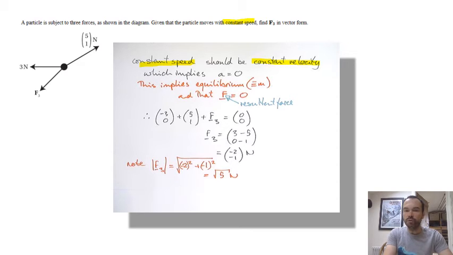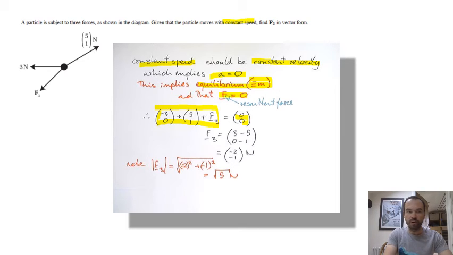It's simply wrong to say constant speed in this 2-dimensional case, which implies a is 0, which implies the state called equilibrium, which in my examples I'm going to use the identity symbol for, and that implies the resultant force is 0. So the three forces, when you add them together, give 0.